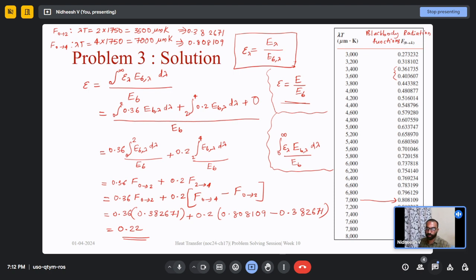Take few minutes to go through the solution and let me know if there was some part that was not clear. If you want, you can go back to the question also.